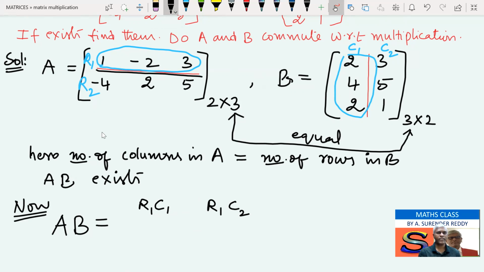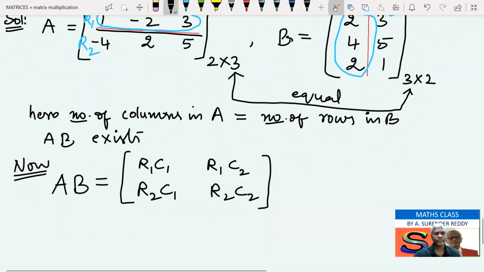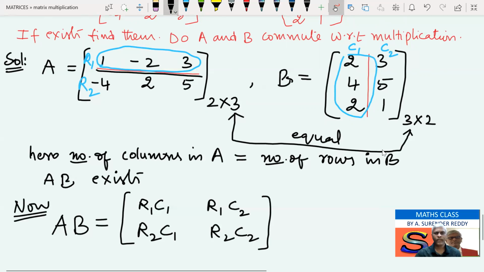And next, take R2, multiply with C1, and R2 multiply with C2. So this is the procedure of multiplication. We did this in the last class. So now look at this.